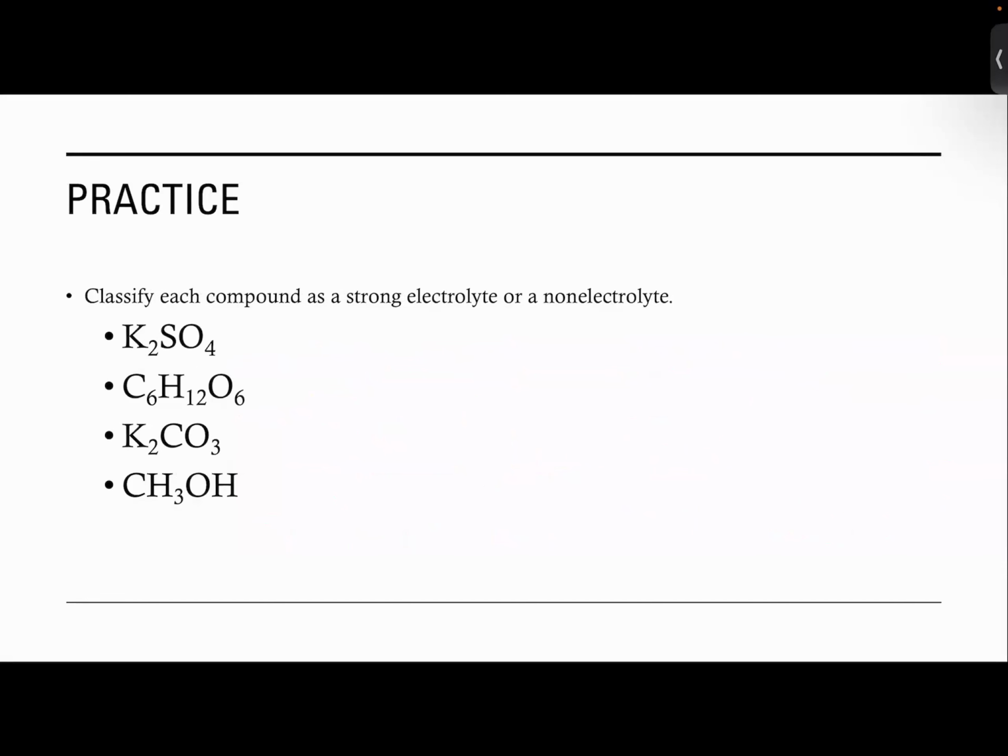Potassium sulfate. Potassium sulfate is going to dissociate to form 2 potassium ions and a sulfate ion. This is going to be rule 1 of the solubility rules, and therefore we would expect it to be a strong electrolyte.